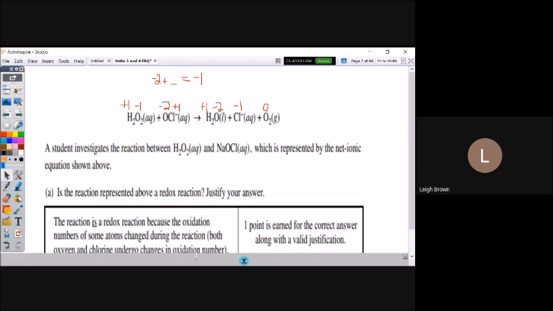If they wanted you to say specifically what was going through a change in oxidation number, and we'll see that later on, we're asked about a different reaction, and it ends up being manganese. But here, I don't want to spend way too much time on this, but I do think there's going to be something about oxidation numbers or redox on this exam. I'm just guessing. I wish I had inside information, but I do not.